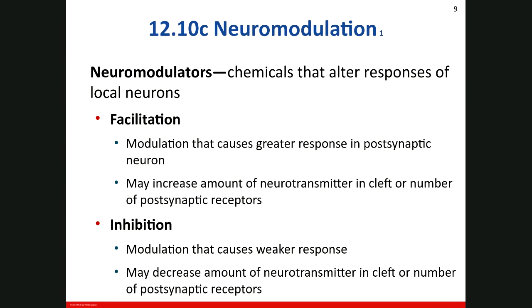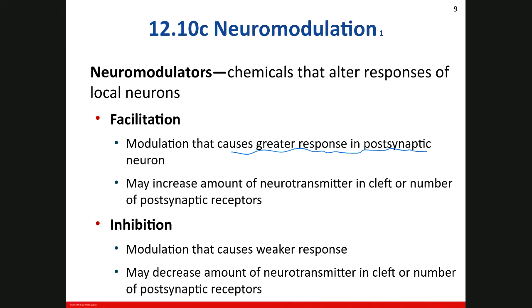The other type of chemical which we have in neurophysiology is called neuromodulator. Neuromodulators are chemicals which can alter the response of local neurons. Some of the neuromodulators can do facilitation, and some of them can do inhibition. The neuromodulator which does facilitation can cause a greater response in the postsynaptic neuron.